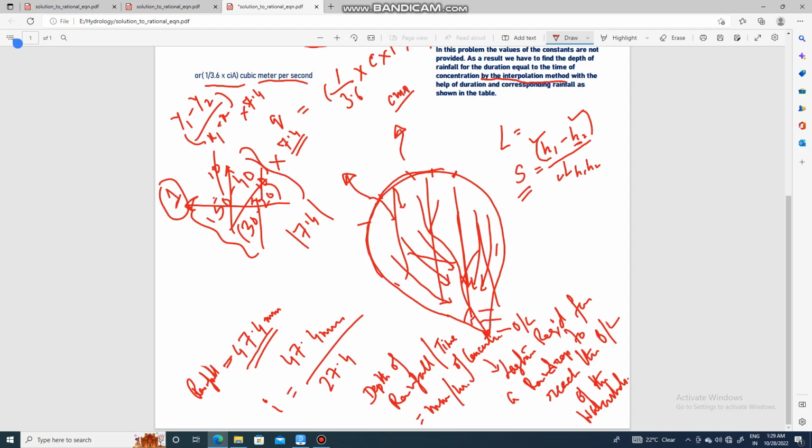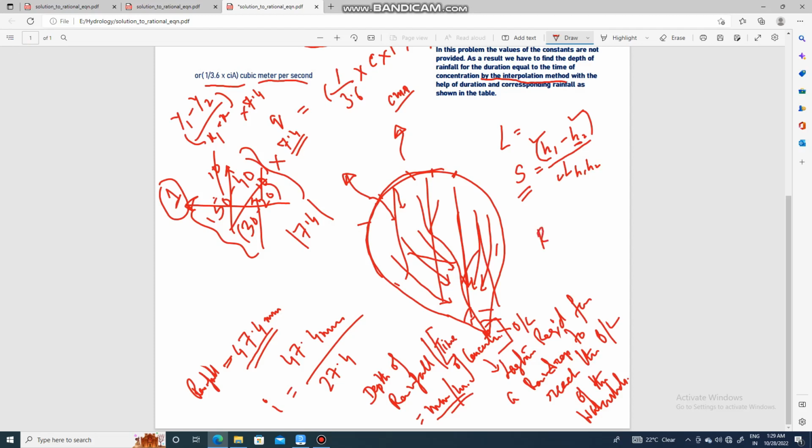The unit of rainfall intensity becomes millimeter per hour instead of only millimeter, because in the case of rainfall intensity, this duration of rainfall or time of concentration equivalent is extremely important.